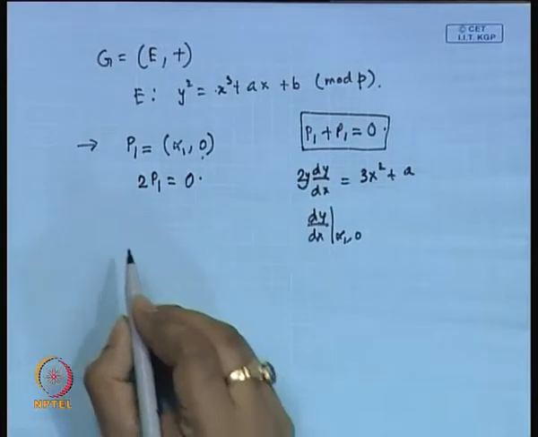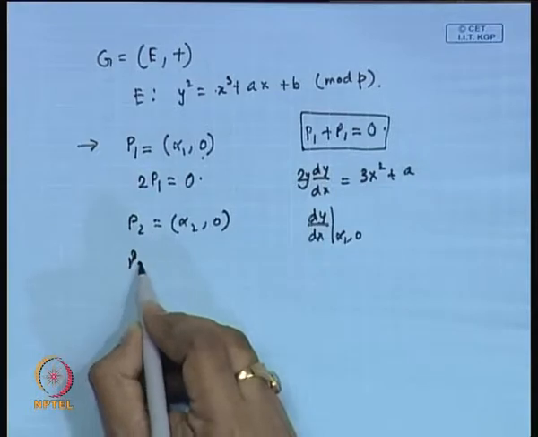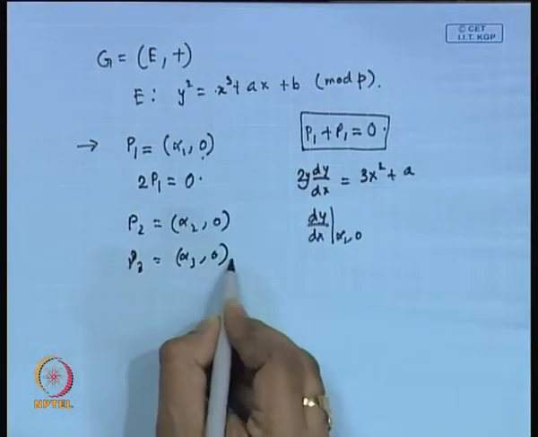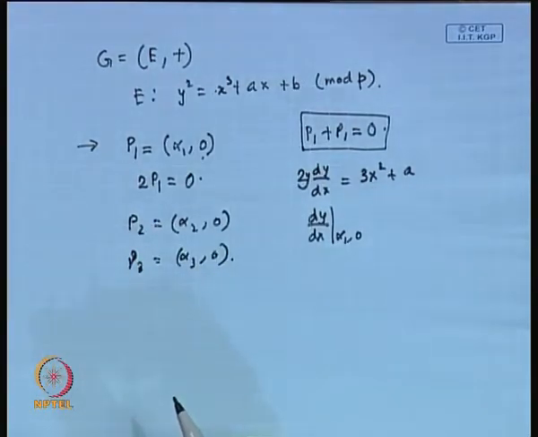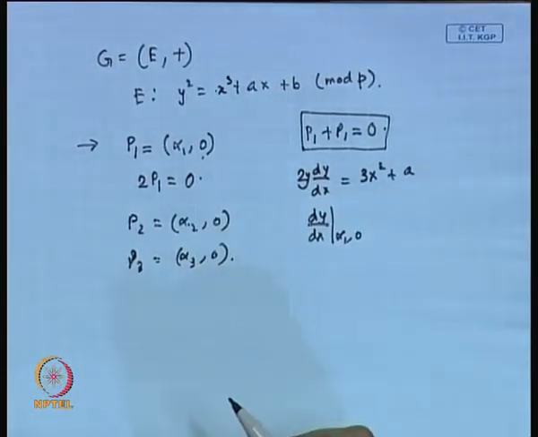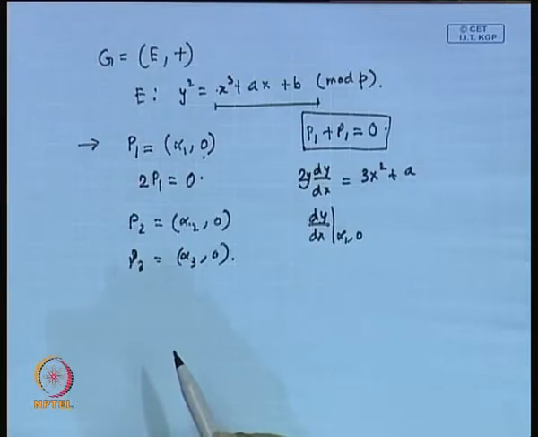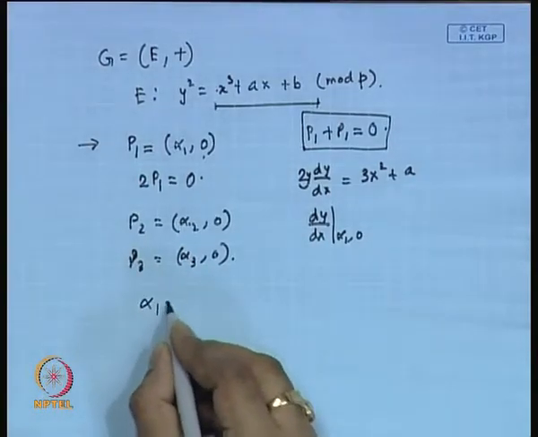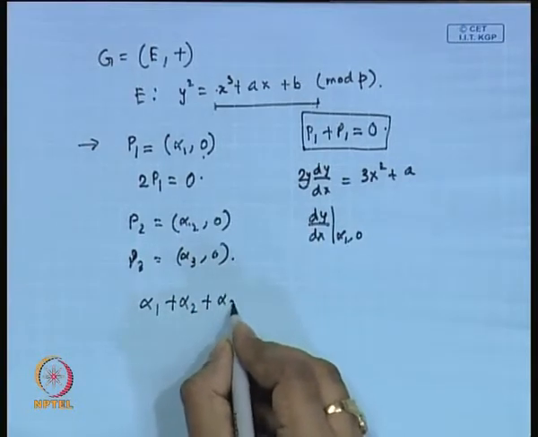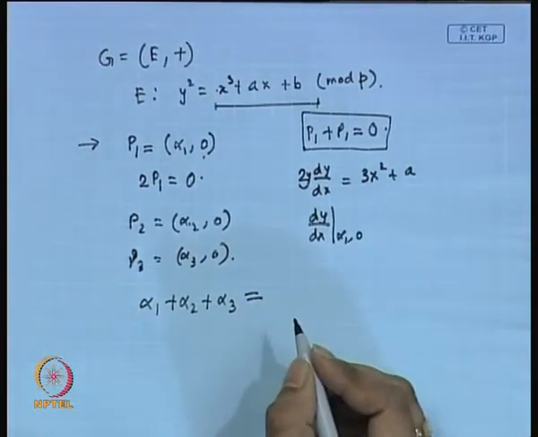Similarly, you can generate points like P2, which is alpha 2 comma 0, and P3 as alpha 3 comma 0. All of them have an order of 2. Now, if alpha 1, alpha 2 and alpha 3 are distinct roots of this equation, then alpha 1 plus alpha 2 plus alpha 3 is equal to what?